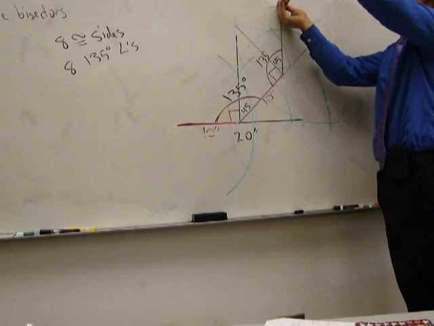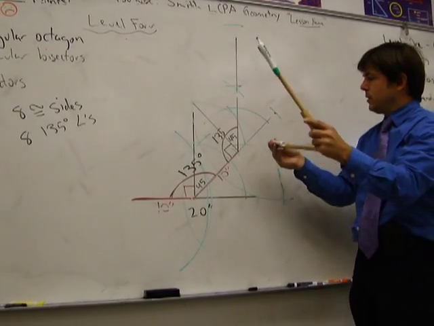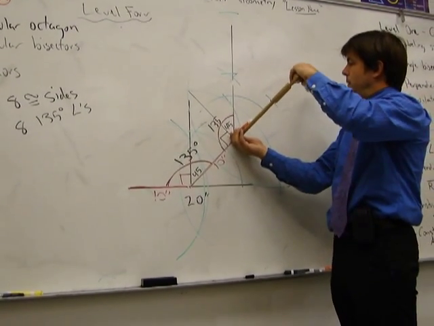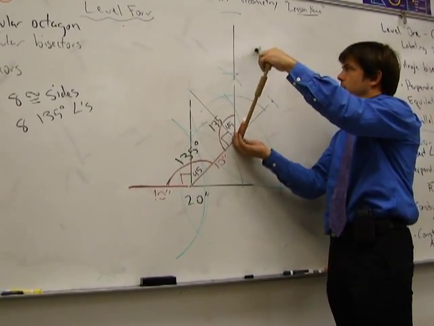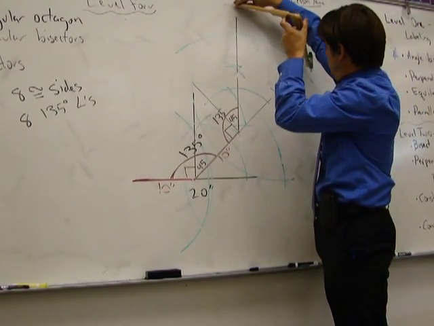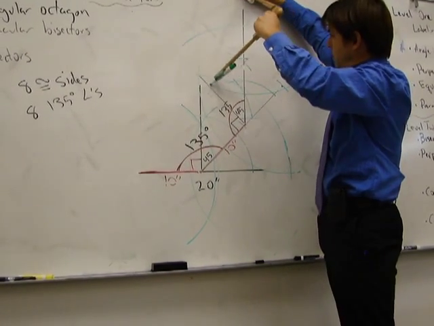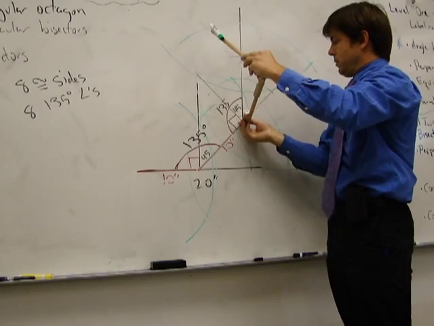If that's 10, then up here would represent 20. Does that make sense? The reason I do the 20, of course, is so that again I can do a perpendicular bisector followed by an angle bisector.